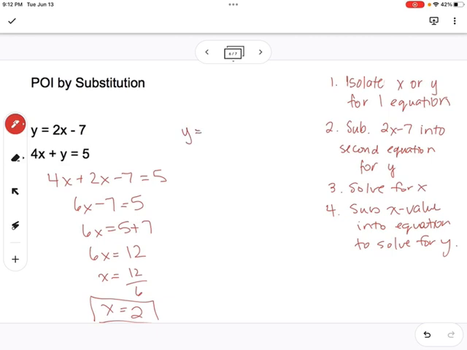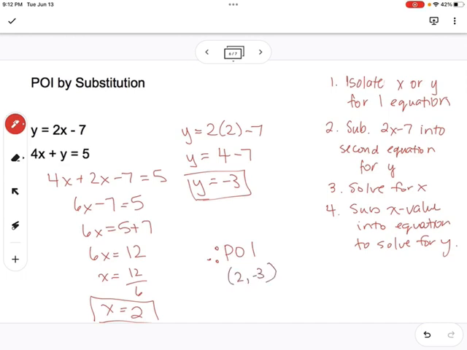So y equals 2 times 2 minus 7. So that's 4 minus 7, and y equals negative 3. So that gives us a point of intersection of 2, negative 3. Okay, so those are our steps to solve by substitution.